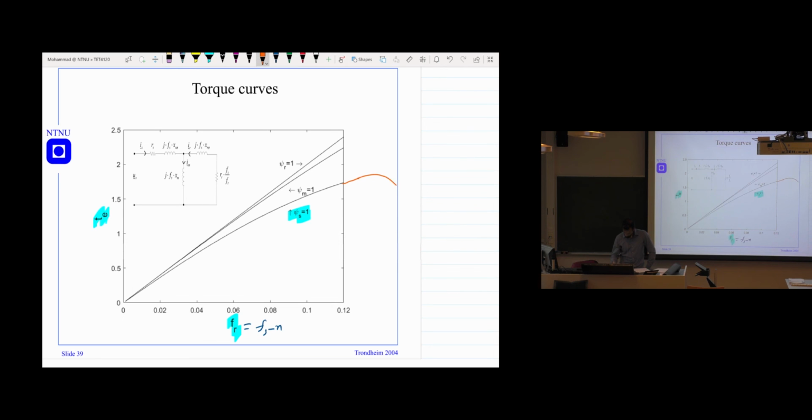Since we did not plot all of this, it will be like this. If you look at the air gap flux constant, then it will also have a maximum somewhere and then go down like this. But for the other one, you'll see it keeps going up like this. So there is no pull-out torque. This is the characteristics that we can see based on the classical model of the machine that we derived.